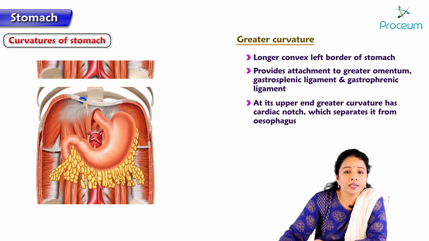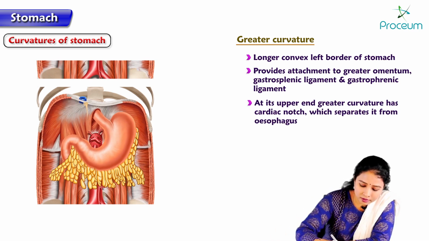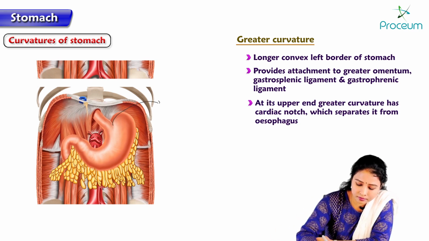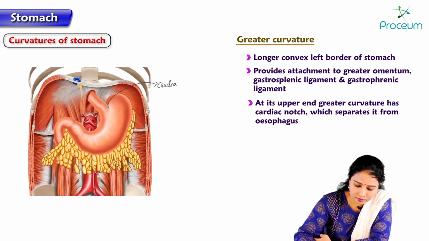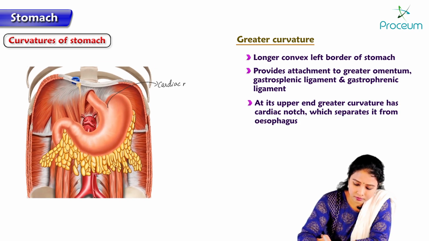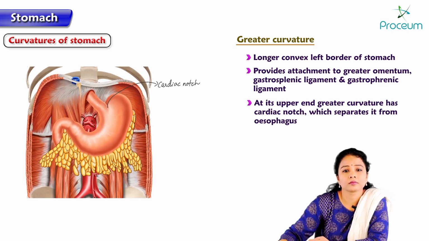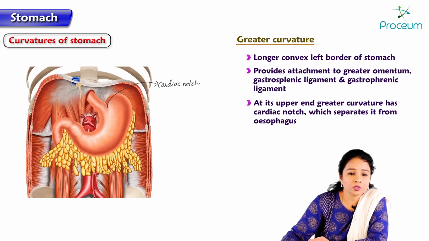At its upper end, the greater curvature has a notch called the cardiac notch, which separates it from the esophagus.